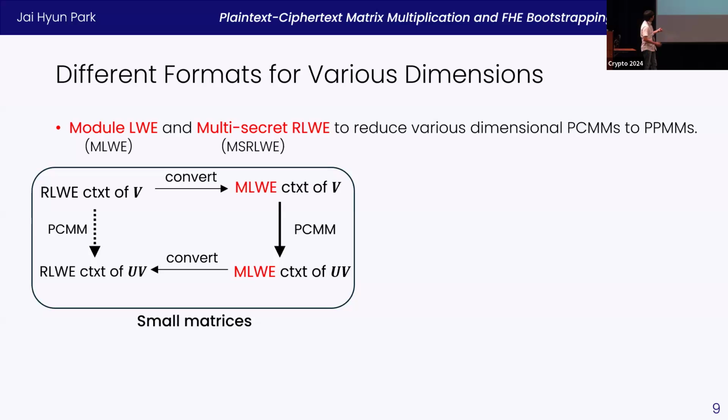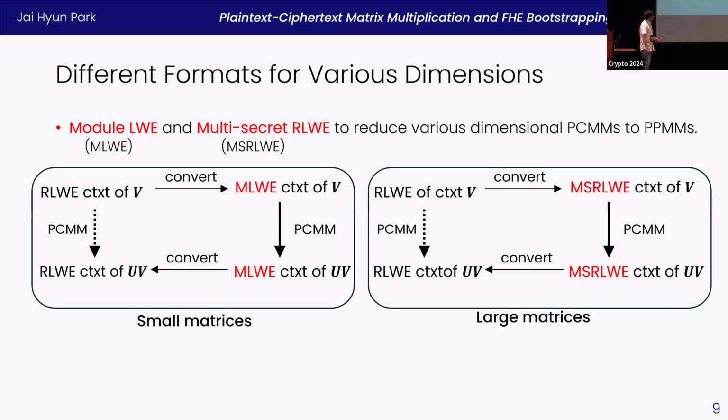So instead, we convert it to the module LWE ciphertext, and we perform PCMM over the module LWE ciphertext. And this can be easily reduced to PPMMs. For the large matrices, we do the same thing with the multi-secret ring LWE. Here, we additionally require some conversion.